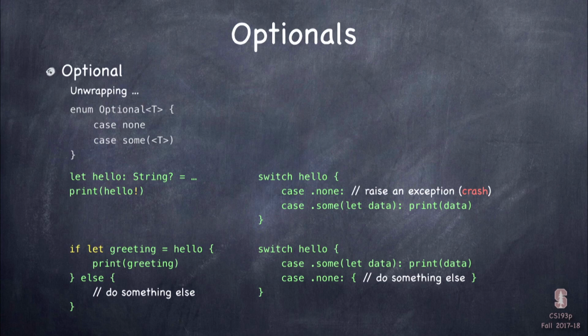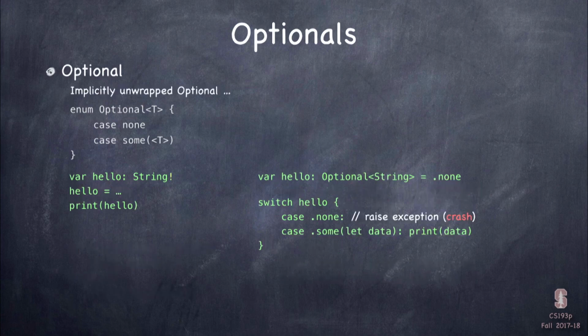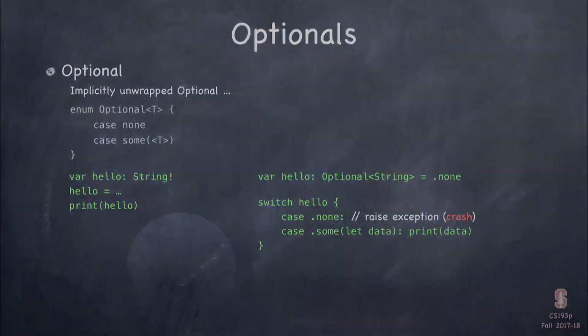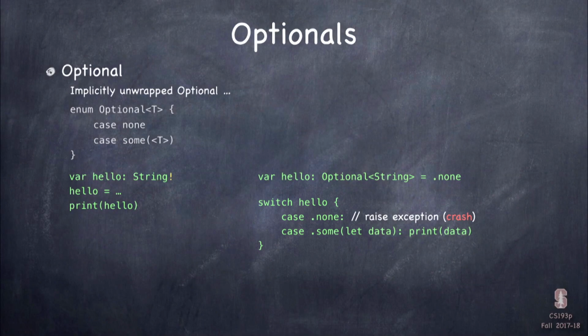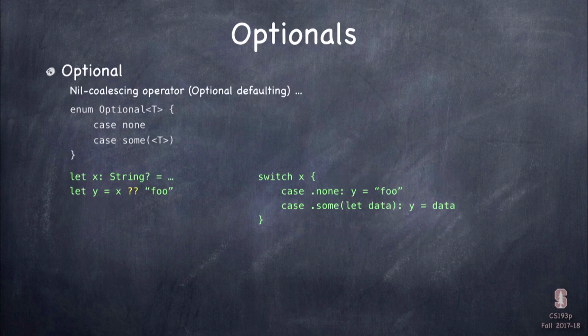If it's in the none case, I do the else part of the if. Okay? Everybody got that? Implicitly unwrapped optionals are exactly the same. It's just that when I say print hello over on this side, I don't have to put the exclamation point, and it still switches on hello and crashes if it's none. Okay? So that's implicitly unwrapped. Those start out as nil too because they're just optionals.